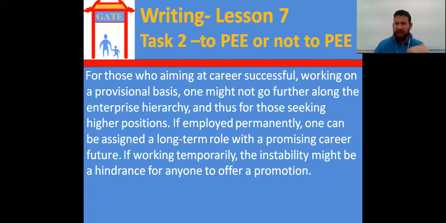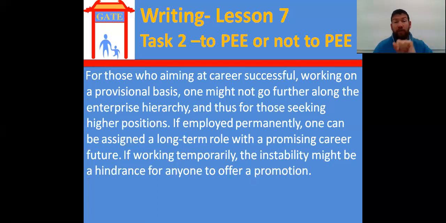So those first two sentences both use very unclear language, but they say exactly the same thing. Let's look at the third sentence. If working temporarily, the instability might be a hindrance for anyone to offer a promotion. Oh, some wonderful words: hindrance, instability, temporarily, promotion, enterprise hierarchy, provisional basis, permanently, lots of good words.